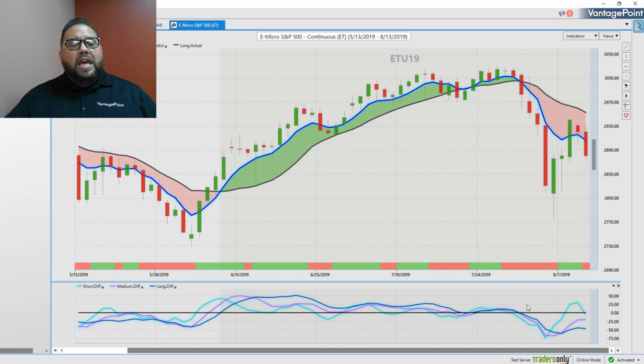Now, if you're wondering if that was predicted for the E-mini S&P or even the Dow, yes, absolutely. Vantagepoint has been applying artificial intelligence to the financial markets since 1991 and giving traders and users advanced notice of trend changes. So this recent reversal wouldn't have hurt so bad if you were using this technology.